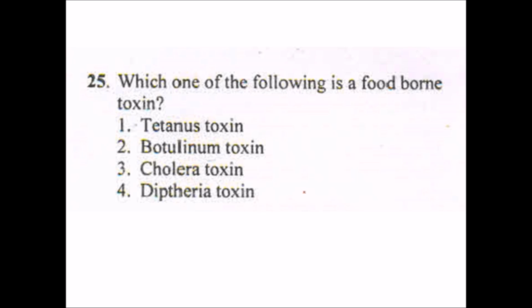The next question is: which one of the following is a foodborne toxin? Without any doubt, it will be botulinum toxin, as it causes food poisoning. It can grow even in canned food because it is a bacterium with spore forming activity, and we know that it is very difficult to kill spore forming bacteria.